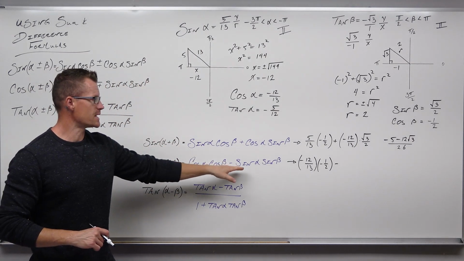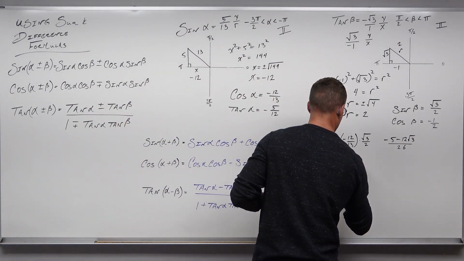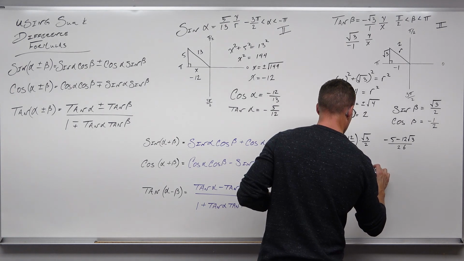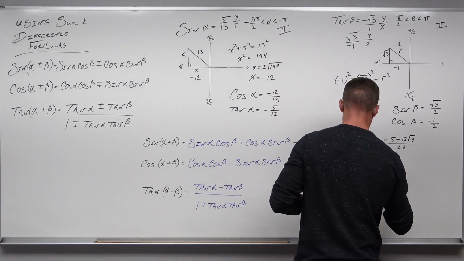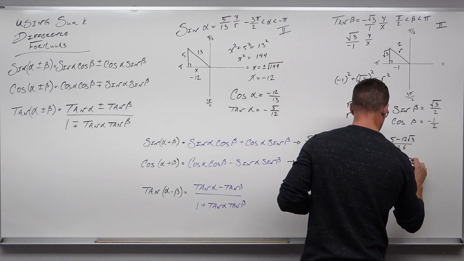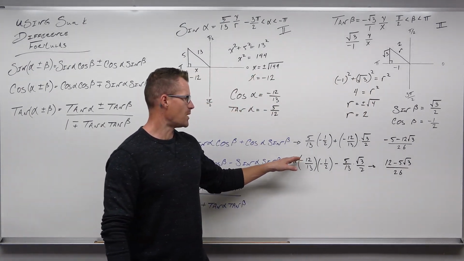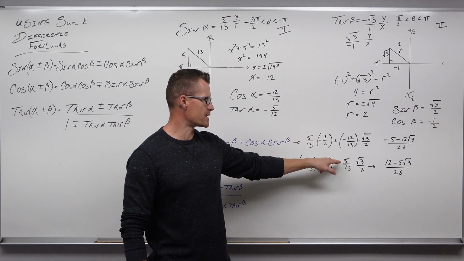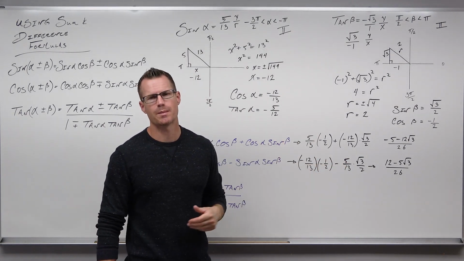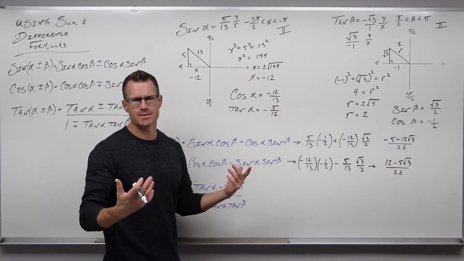Alpha is 5/13, and sine beta is square root 3 over 2. So I'm getting a positive 12 over 26 minus 5 square root 3 over 26. It might be tempting to simplify this, but then we lose our common denominator. And it's nice to see this as one fraction. Not super necessary, but sometimes kind of nice.